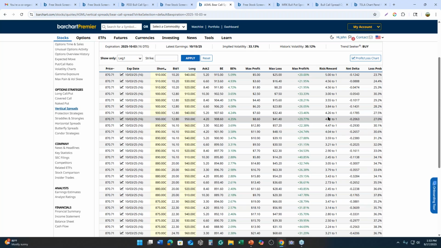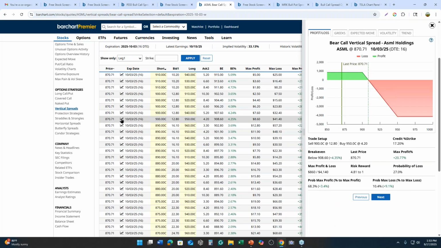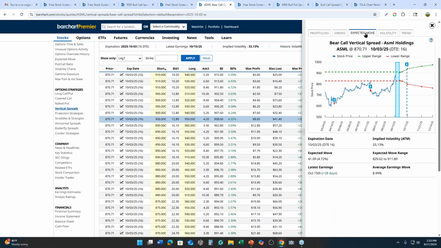Now, one of the things you can do, and I forgot to show you this in terms of the directional spread, the bull one, is you can come in here and look at your risk analysis, but look at the expected moves.